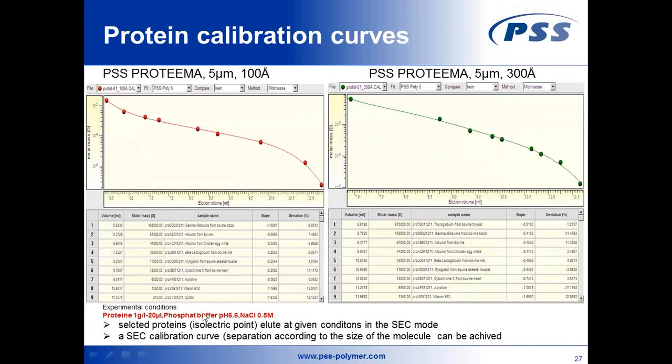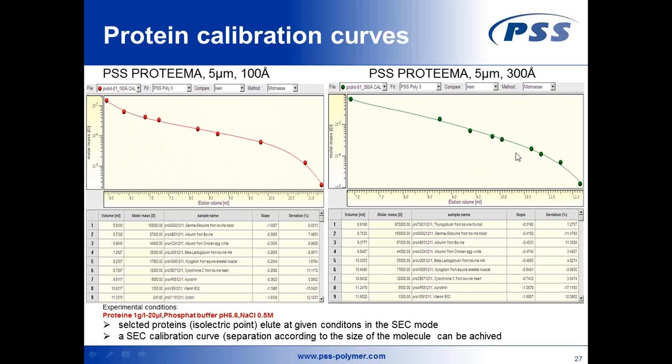We stayed with the pH of 6 as a phosphate buffer, and suddenly a whole bunch of proteins stayed nicely on a calibration curve and eluted under SEC conditions, meaning they got separated according to size. How nicely they can get separated is shown here on a Proteema 5 micron 100 and on a Proteema 5 micron 300 angstrom column.